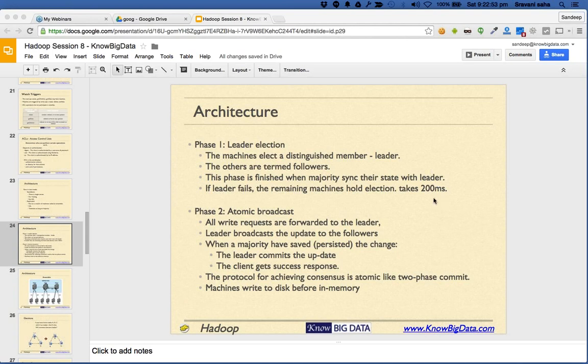All right. We have a good question from Arvind. He asks how many TPS it can process.